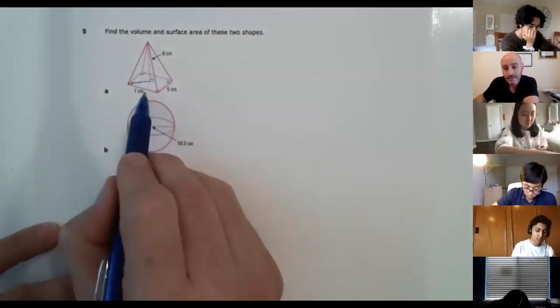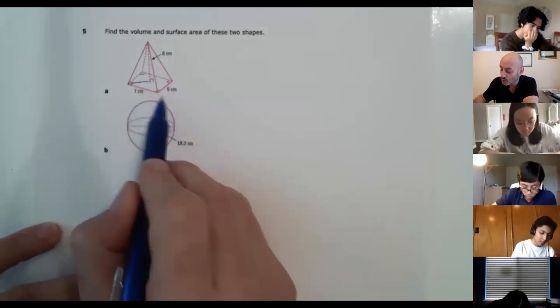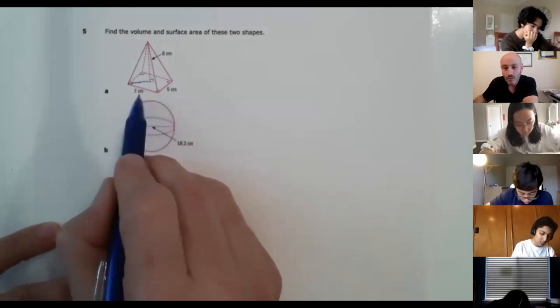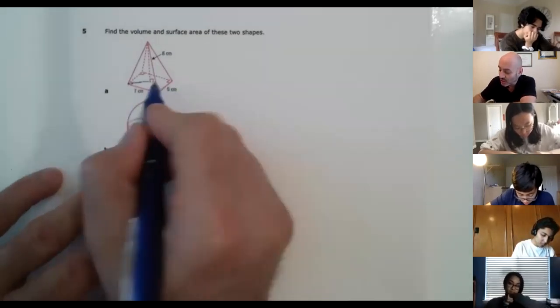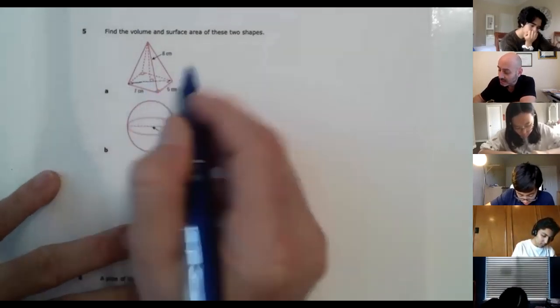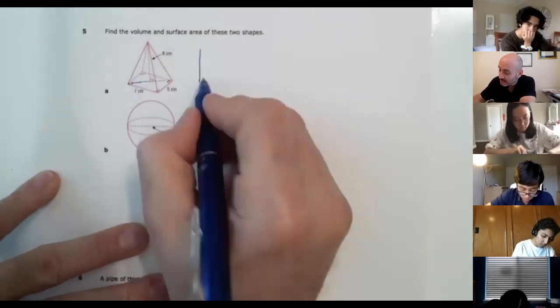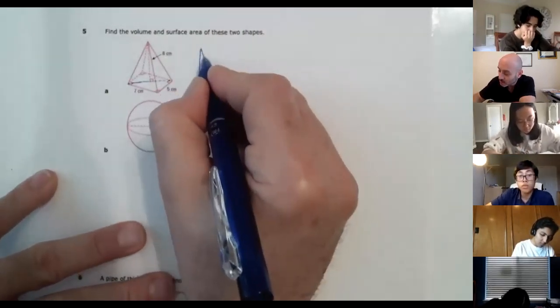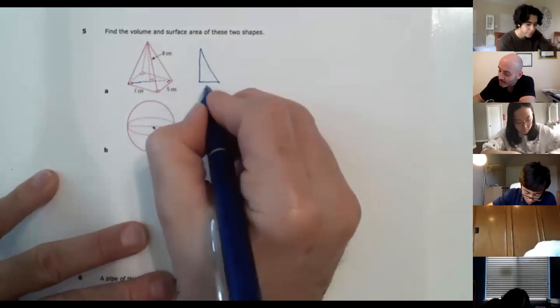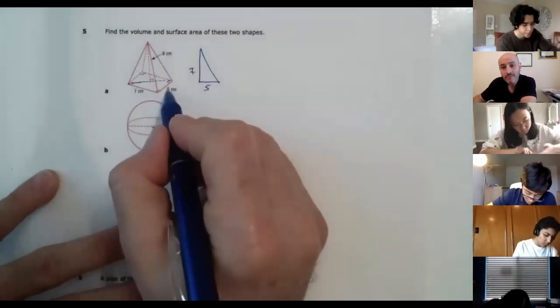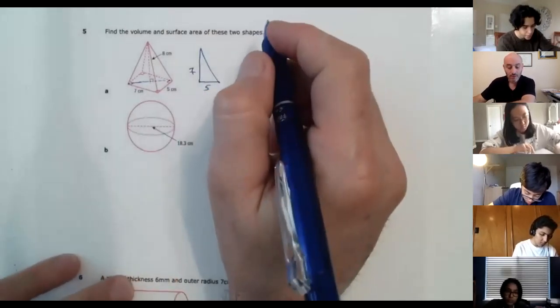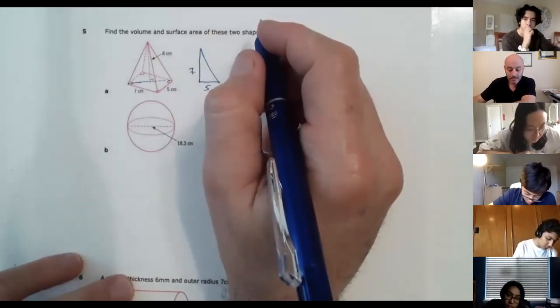The diagonal is the hypotenuse of a right triangle with lengths 7 and 5, right? So this diagonal is the hypotenuse of this triangle. Go ahead and find that.